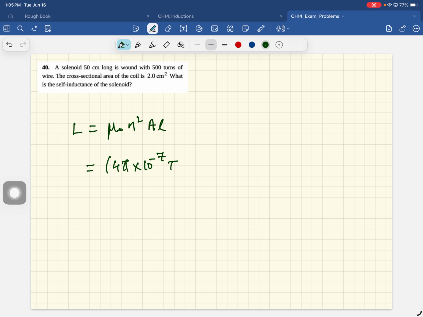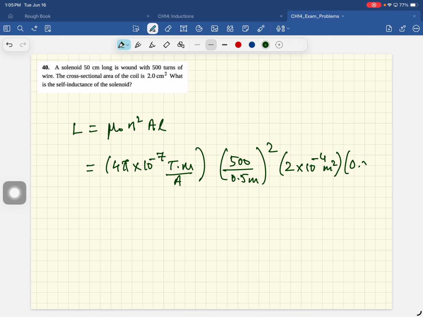And pi r squared, 1.5 centimeters. 10 to the minus 7, 10 to the minus 11, and this is 10 to the 4.